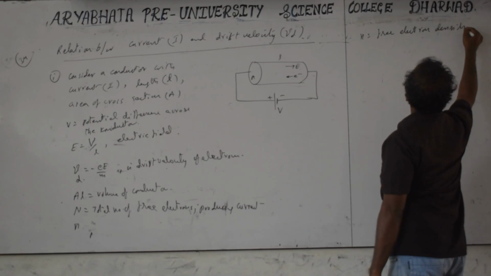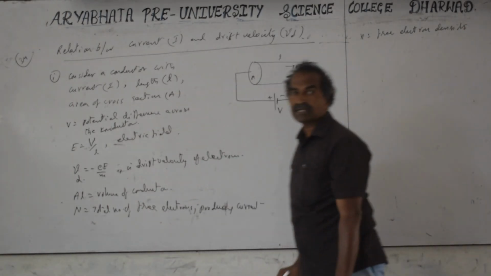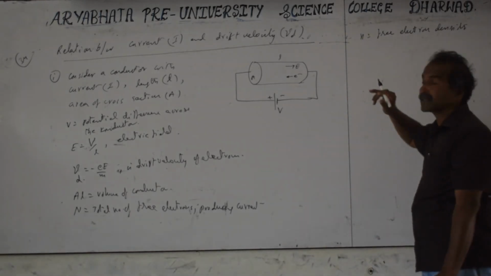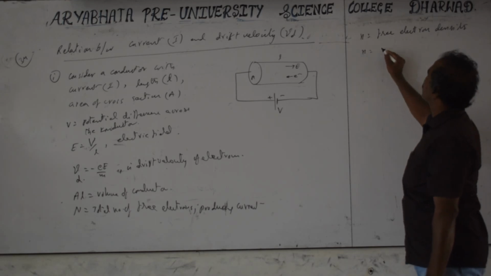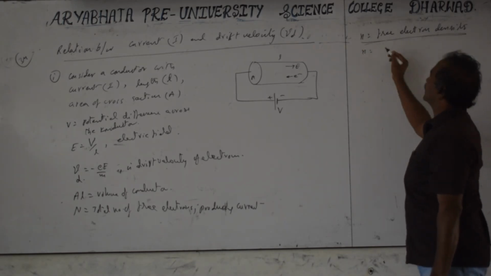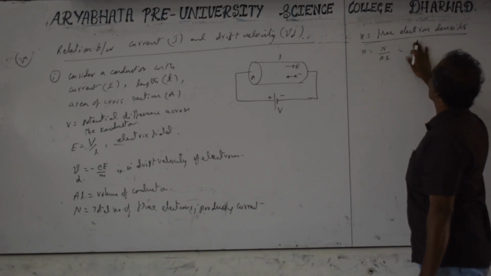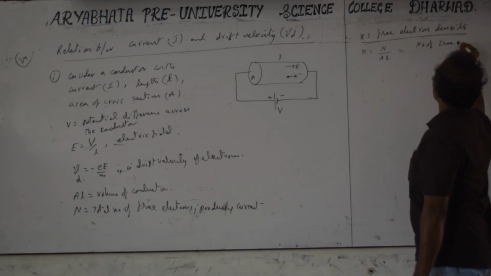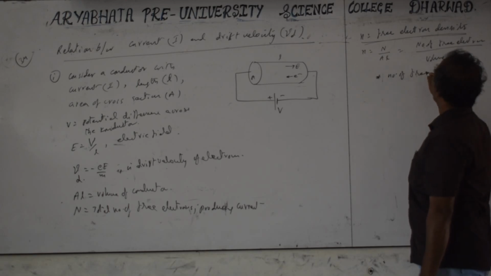Take care with the small n and capital N. Previously we used to take only one n symbol, but now we take the number of electrons as capital N. The free electron density is nothing but the number of free electrons by volume. This term comes again later also.